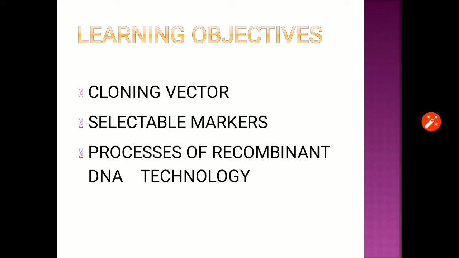Now, about the learning objectives for the session: cloning vectors, selectable markers, processes of recombinant DNA technology. That means, after finishing this session, we will be able to get a better idea of all these terms and you will relate with all this in a better way.